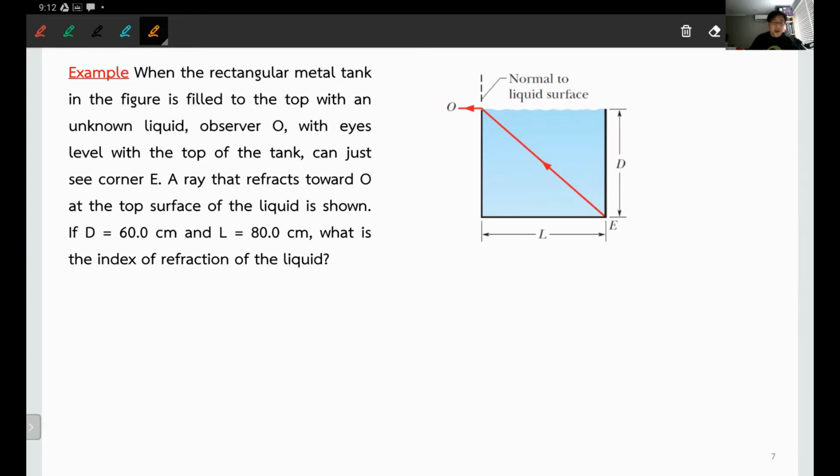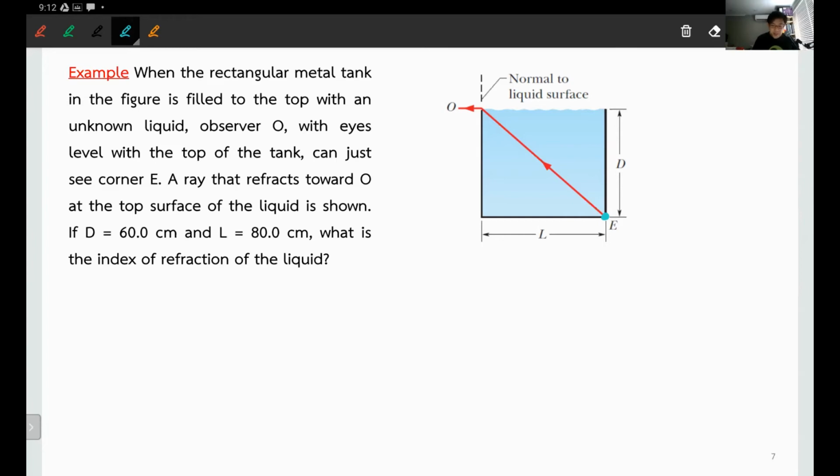The observer O, with eyes level with the top of the tank, can just see corner E. This is a good example that I'm going to use to explain what is going on with the image formation in your eyes, or actually in your brain. That's later. A ray that refracts toward O at the top is shown in the figure. So what it's saying is there is an image of the corner of the tank at point E over here. When you want to see something, there must be some light hitting your eyes. That's when you see things, right?